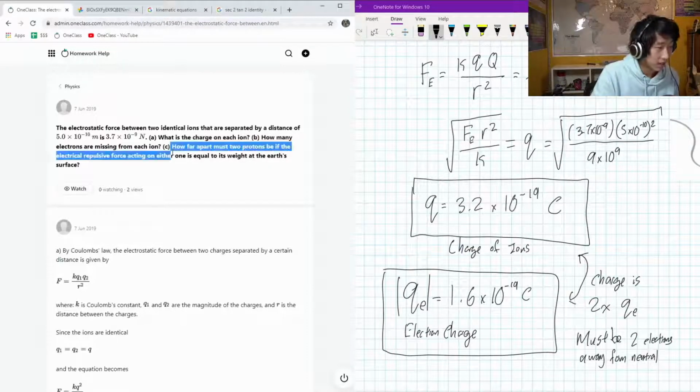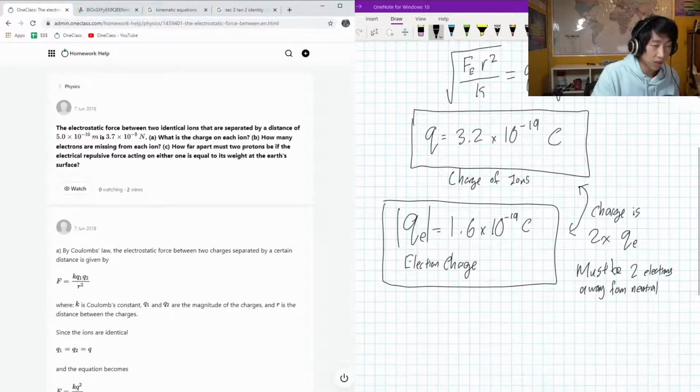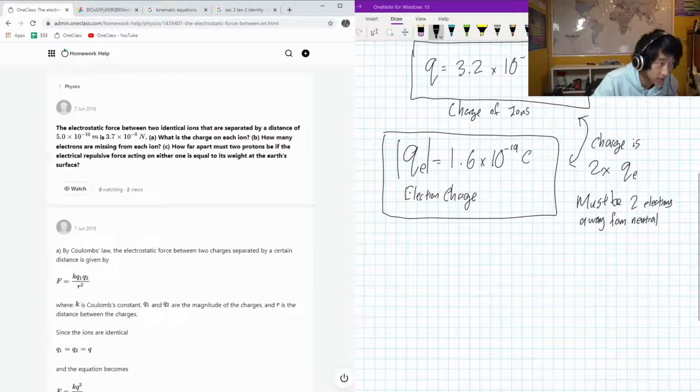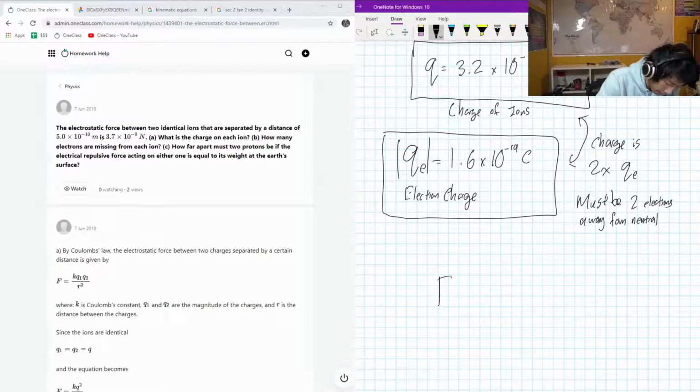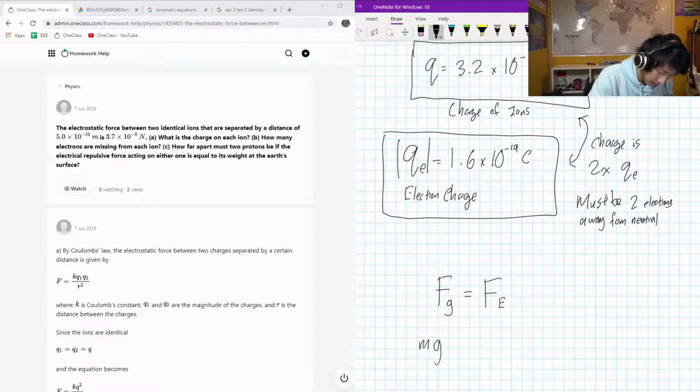Okay, the next part of the question is how far must 2 protons be if the electrical repulsive force acting on them is equal to its weight on the Earth's surface. So this is what part C of this question is asking: the force of gravity on a proton is going to be equal to the electrical force of repulsion between 2 protons. The gravitational force is mass times the acceleration due to gravity, and this is going to be kq squared over r squared.